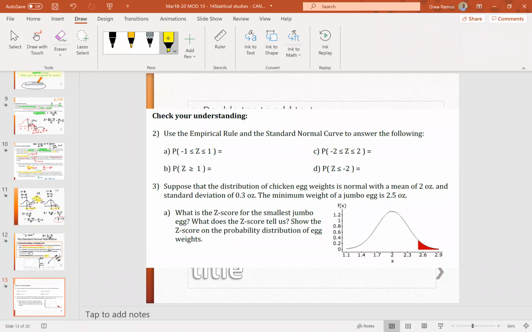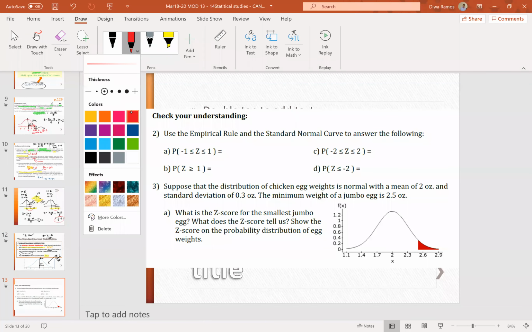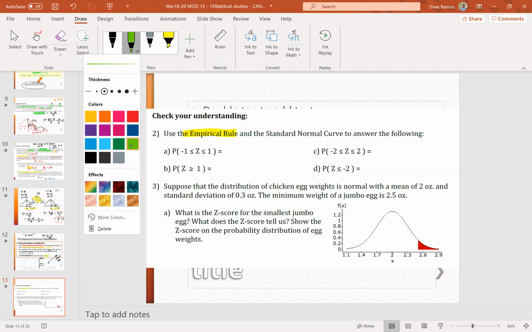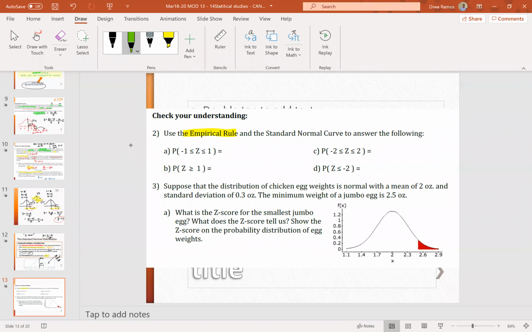All right, so let's use the empirical rule. Do you remember the empirical rule? 68, 95, 99.7. So let's use the empirical rule and the standard normal curve to answer the following question.